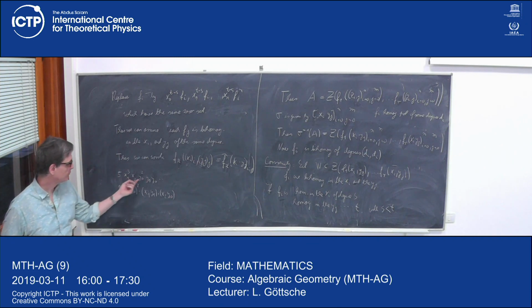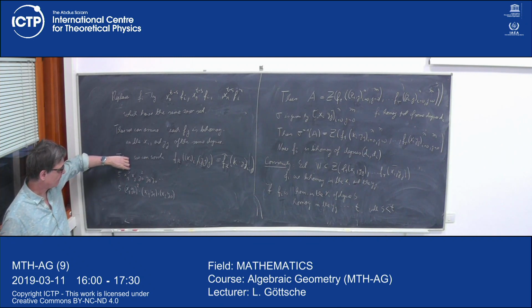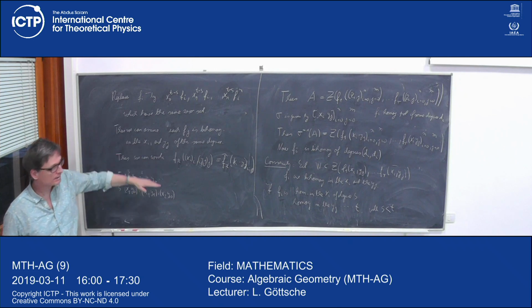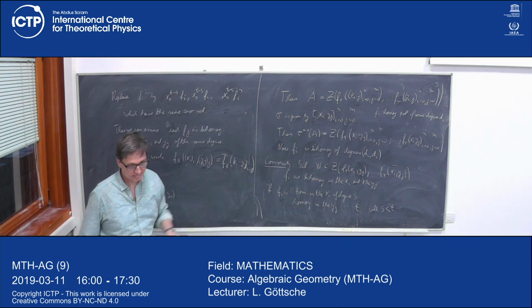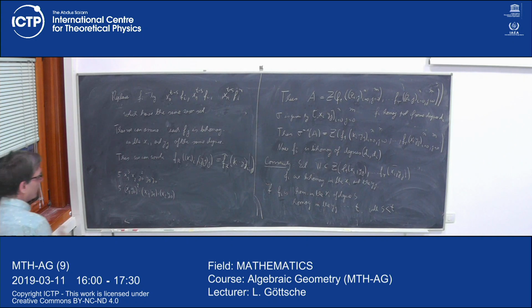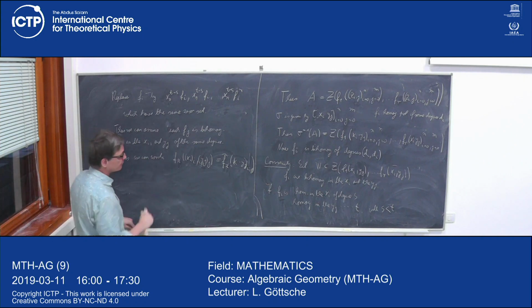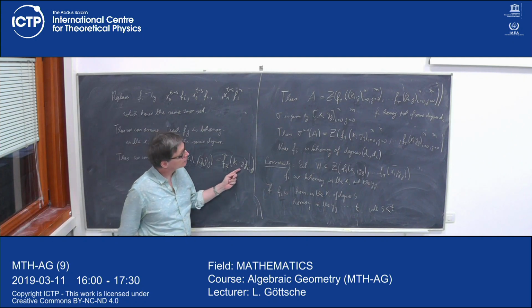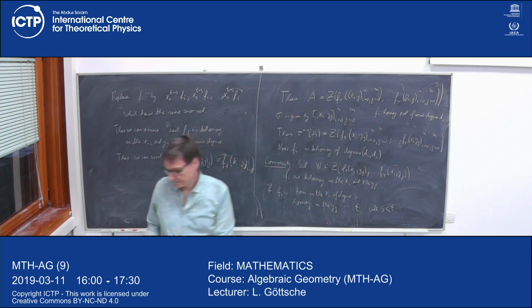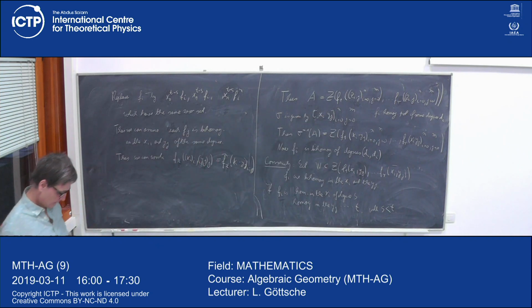So you can just group them together. You just can pair off the x variable to the y variable, so it becomes a polynomial in products. Okay. So that means you have a polynomial like this, and so therefore it is the inverse image of that.